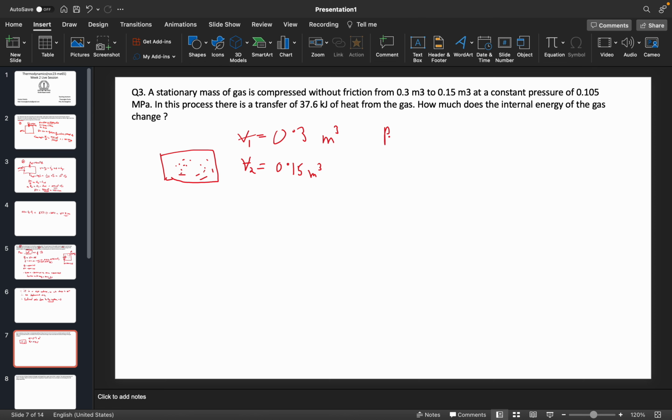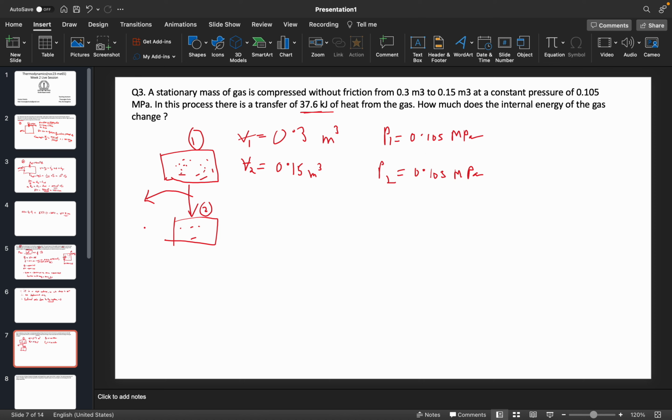And what was your initial pressure? It was 0.105 megapascal. And what was your final pressure? It was also 0.105 megapascal. That means your pressure is not changing. Now, in this process, that is from state 1 to state 2, there is a transfer of 37.6 kilojoule of heat from the gas.